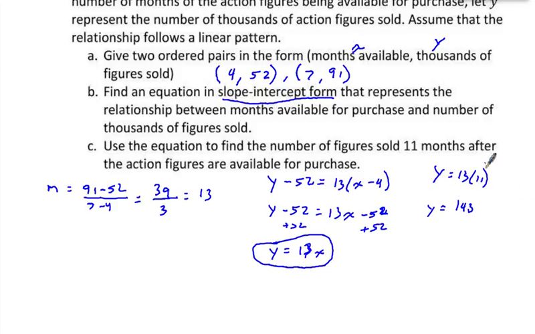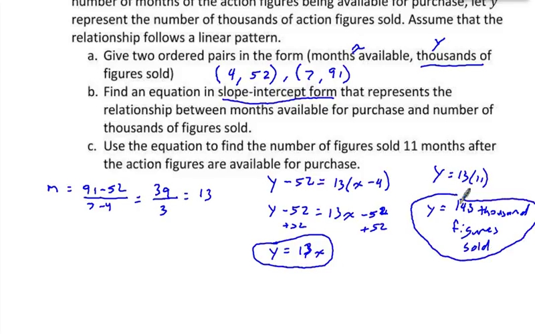See, y is represented in thousands again. So this is 143,000. And you can write the word here, or actually, comma and 3 zeros on that number. That would be okay. Figures sold, to answer part C.